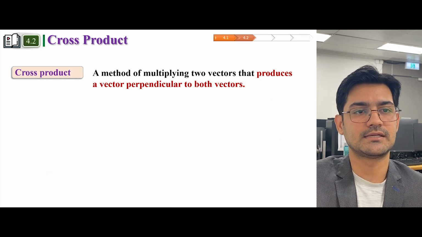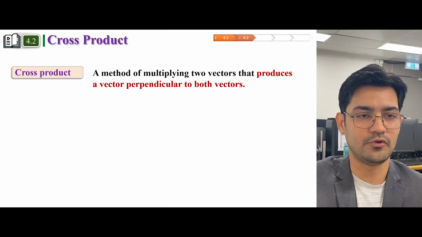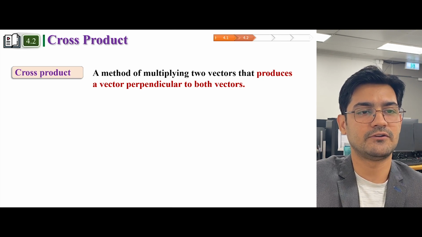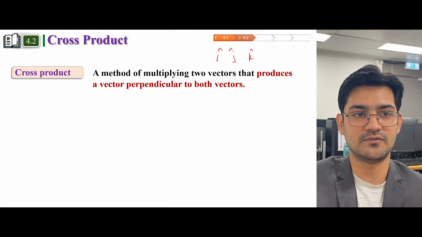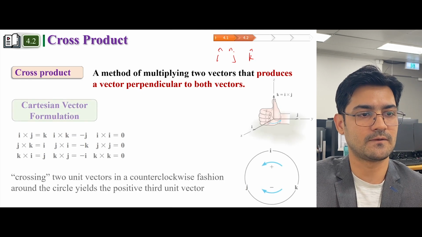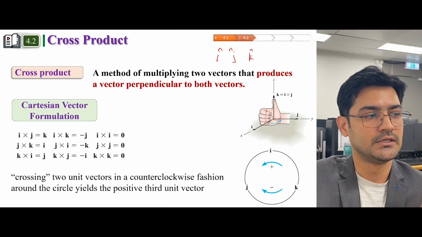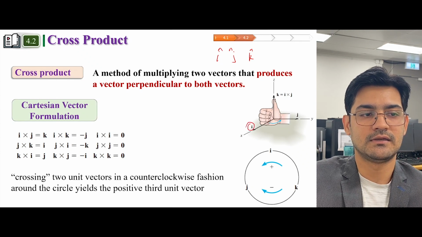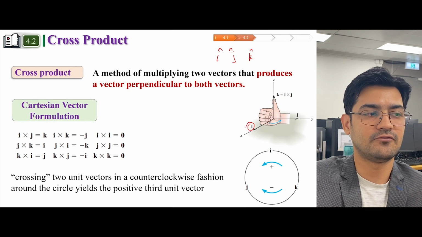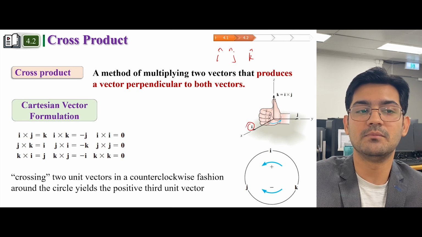Now let us discuss vector formulation. Remember, Cartesian vector formulation included these vectors i, j, k, and we're going to use these to get the sense of directions in the case of cross product. Along the x-axis you can represent this in the form of Cartesian vector by the symbol i.